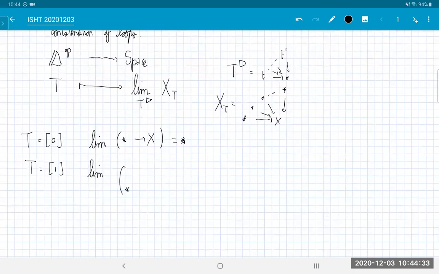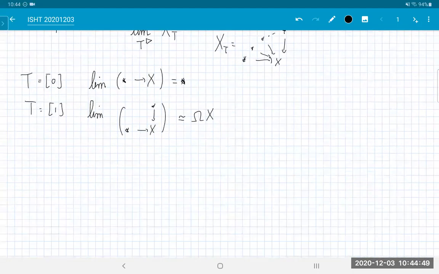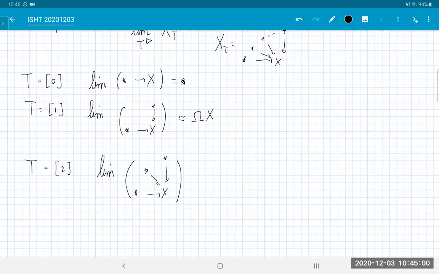I'm taking the limit of this thing here, and we know that this is exactly the loop space of X. So let's see what happens for t equals 2. So we have the limit of this thing here. Now there are various ways of computing this limit.